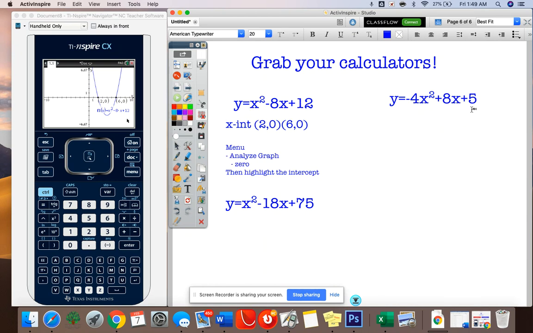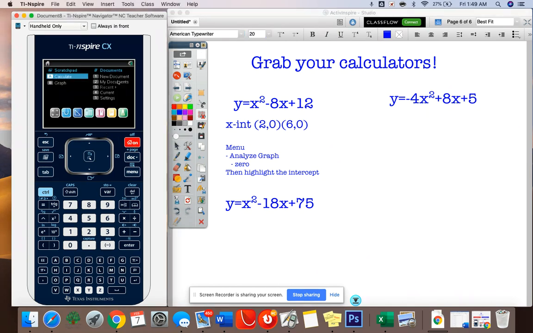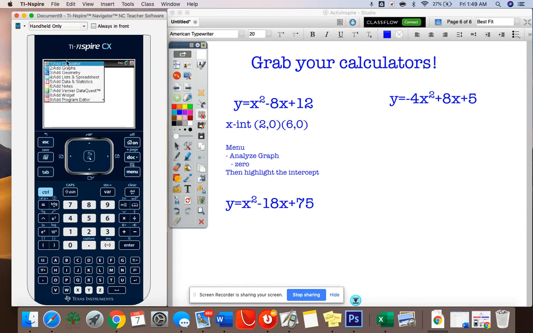Let's repeat that process for this second equation. So start a new document: home, new document, no, add a graph. Let's go ahead and type in our second equation, negative 4x squared plus 8x plus 5. And hit enter to graph. We'll go through those same steps.